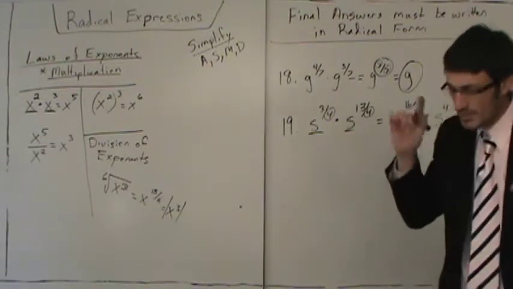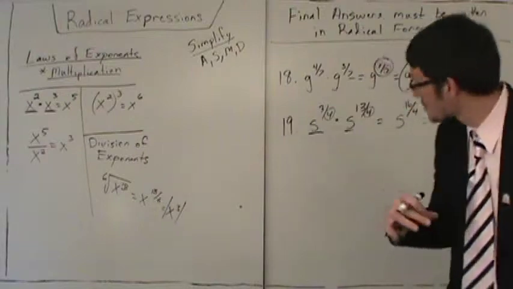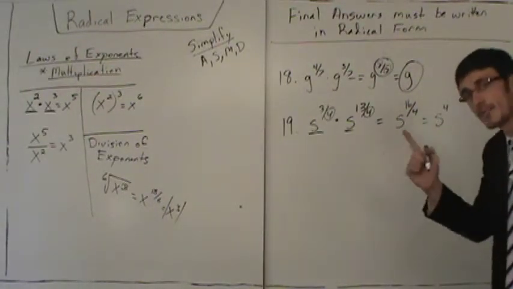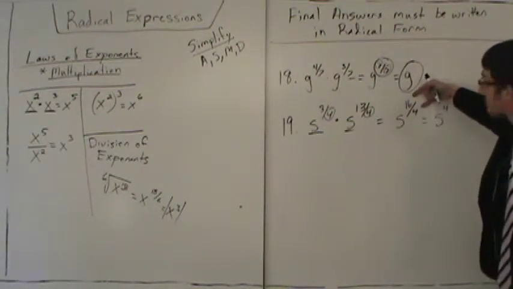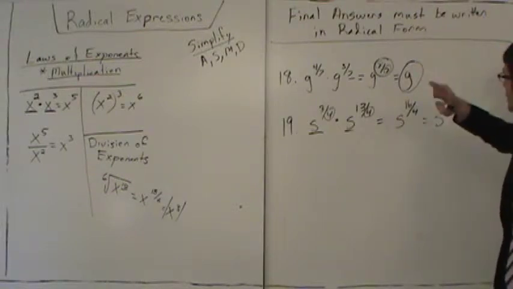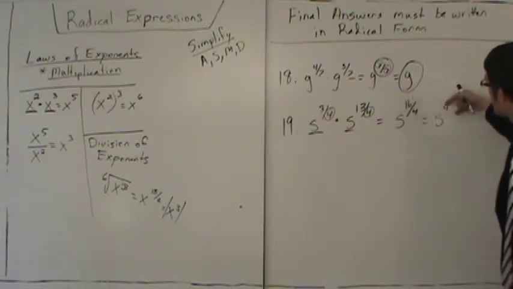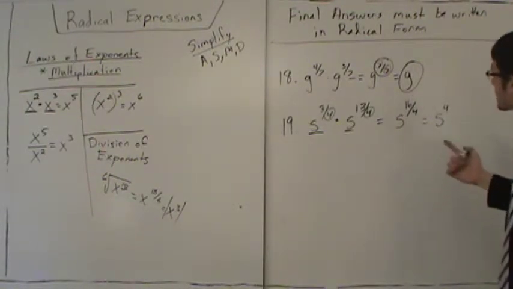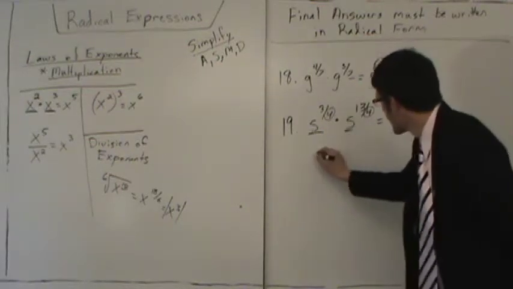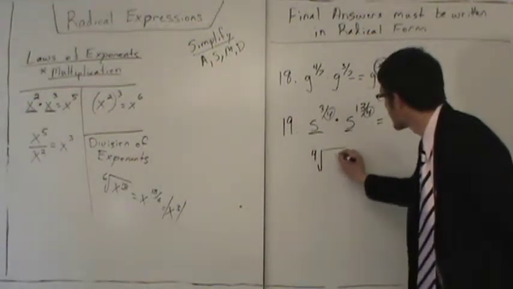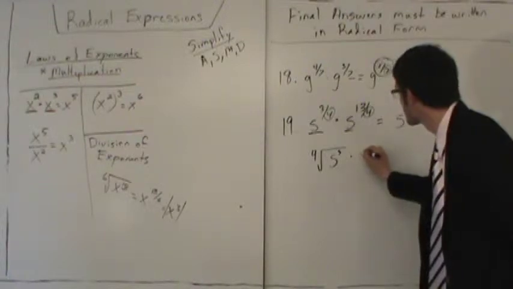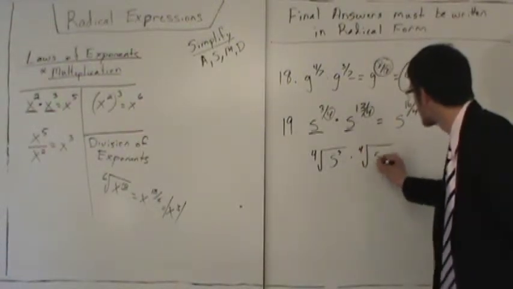If you're struggling with the concept of when absolute value occurs, when absolute value does not occur, you can go back and watch the radical absolute value video posted, I think, 2 videos before this. But here, even divided by even gives even is definitely not absolute value. Now, another way of looking at this is the 4th root of s to the 3rd power multiplied by the 4th root of s to the 13th.